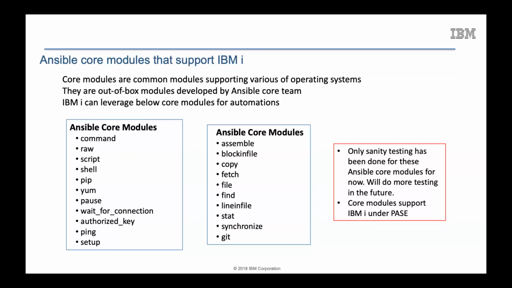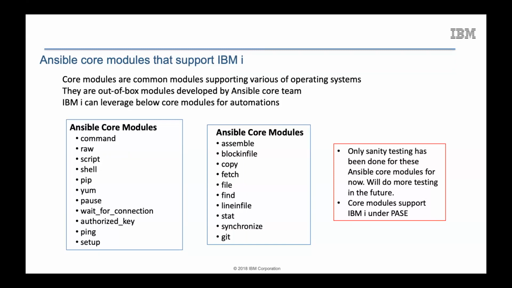Okay. There is another question. Can Ansible act as an automation bridge to monitor and report AIX, VIOS, or SAN devices and report them to IBM i for alerting reasons? I think the answer should be yes.